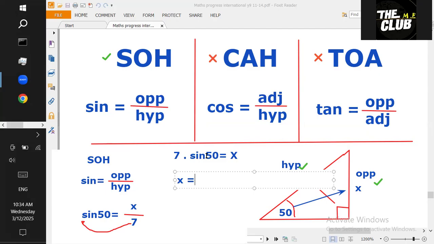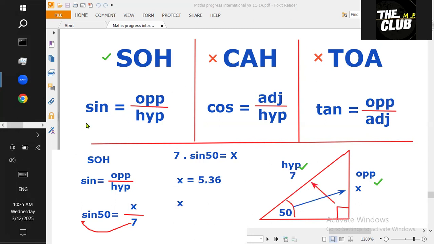Now you come to the calculator, right? And you want to find the value of x now. You write 7 times sine 50. And you'll get the answer, which is 5.36. And sometimes they will tell you to round it to the nearest decimal place. So this one will be what? Very good. Nearest decimal place.